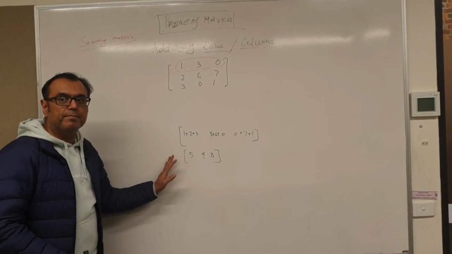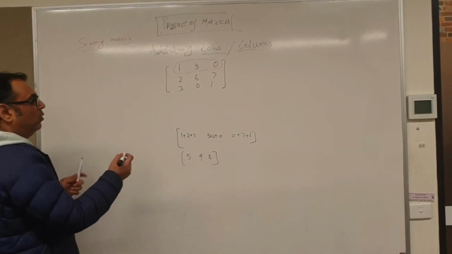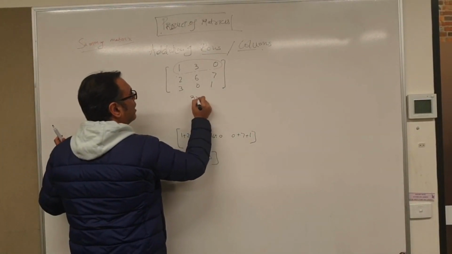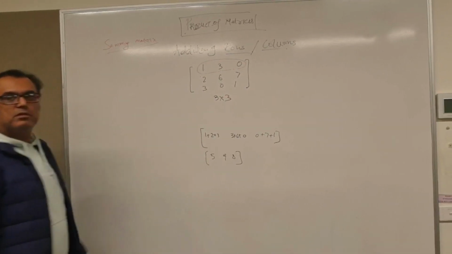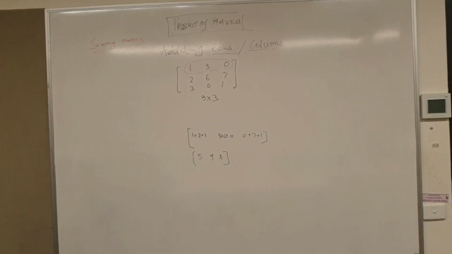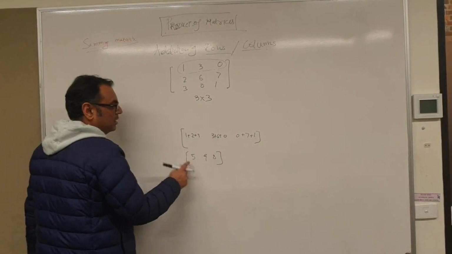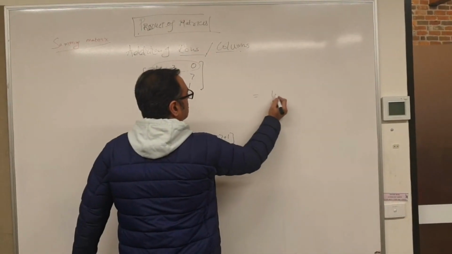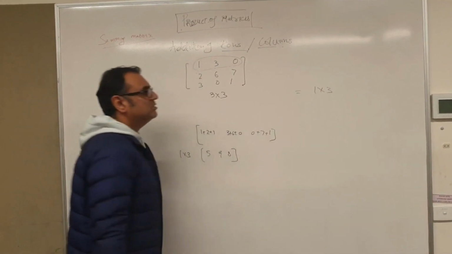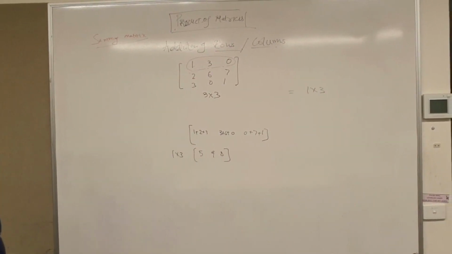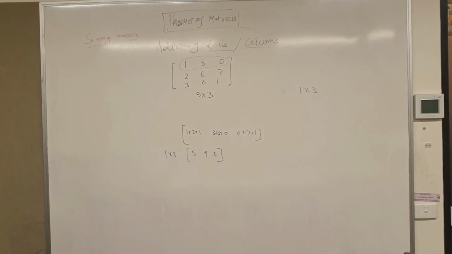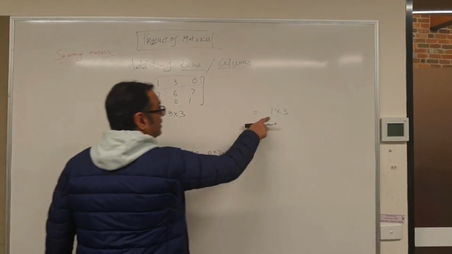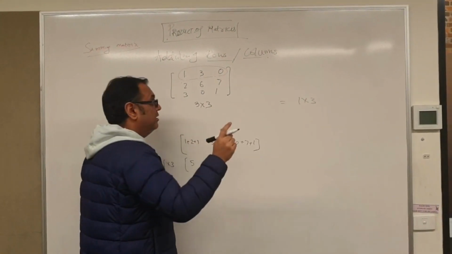Correct? Now, what is the order of this matrix? 3 cross 3. I need a 1 cross 3 as a result. What do I do now? I need the number of rows to be 1.